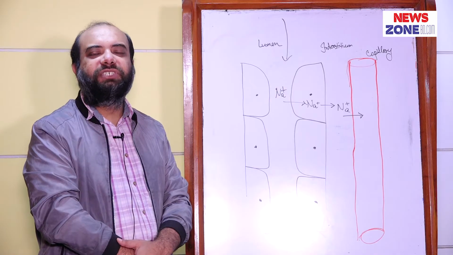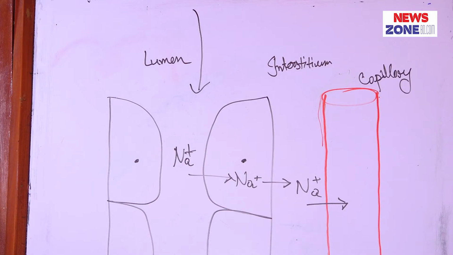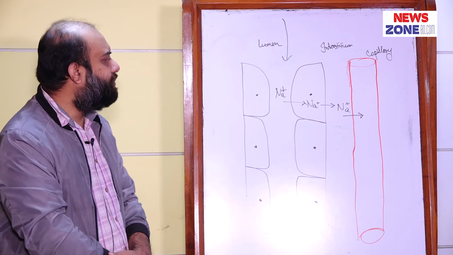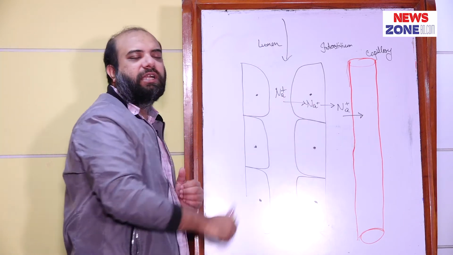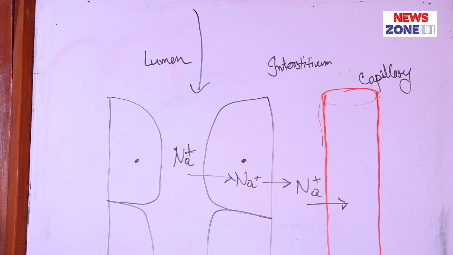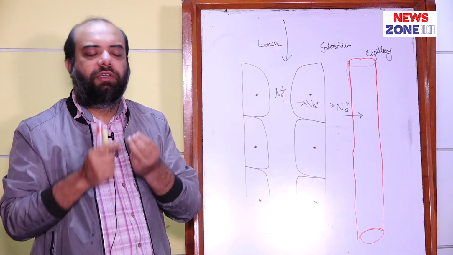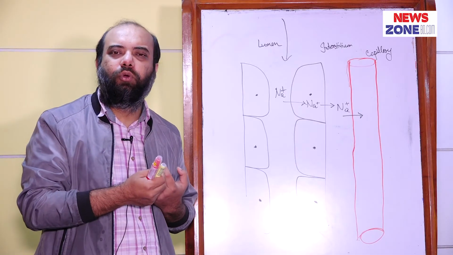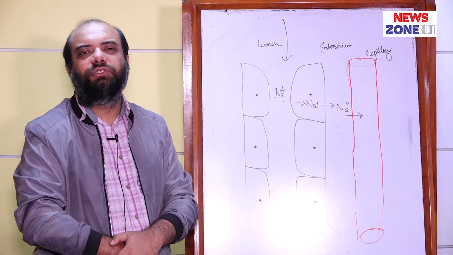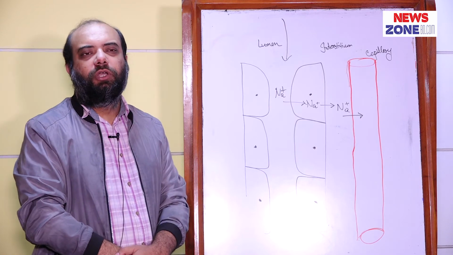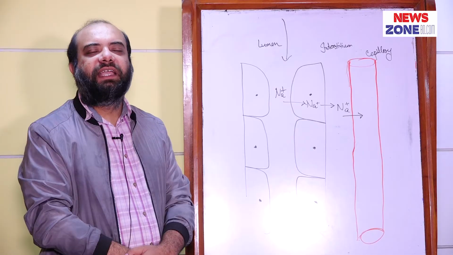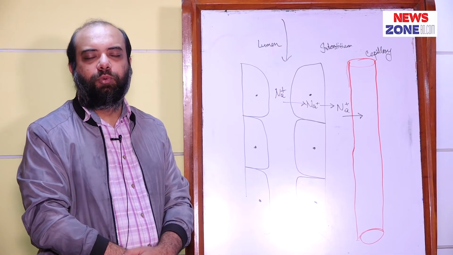As you know from the earlier discussion, it is about 60% of the total tubular load of sodium ions. So 60% of the sodium ion is reabsorbed from the tubular lumen into the tubular epithelial cells by only 3 mechanisms: sodium hydrogen counter transport, sodium glucose co-transport, and sodium amino acid co-transport.